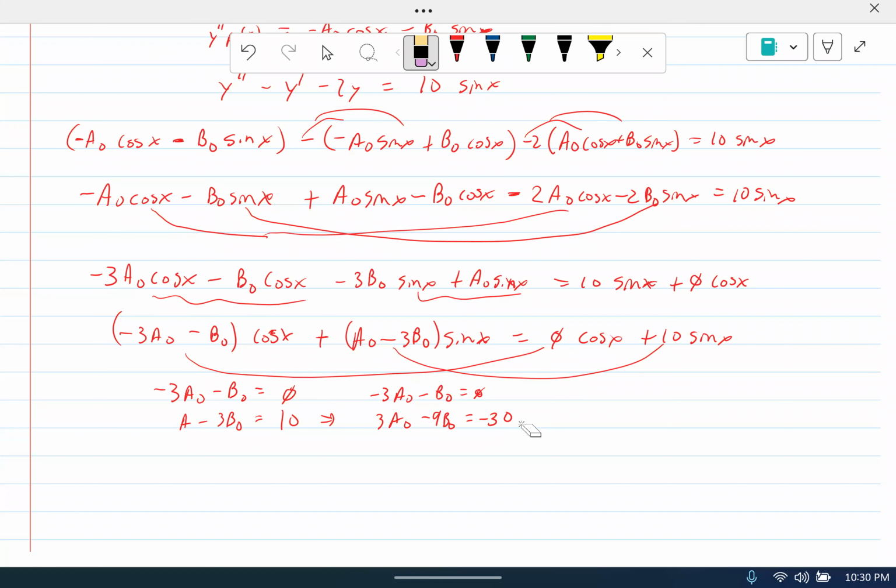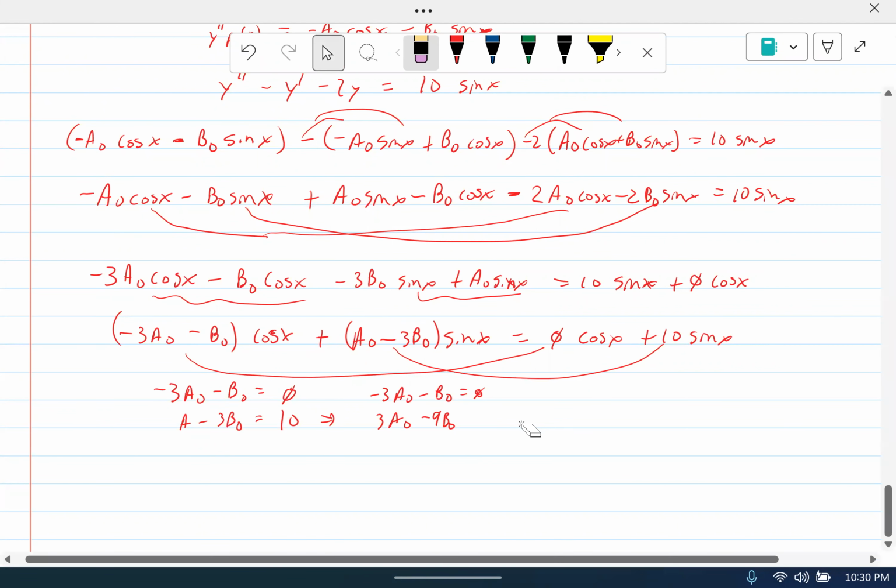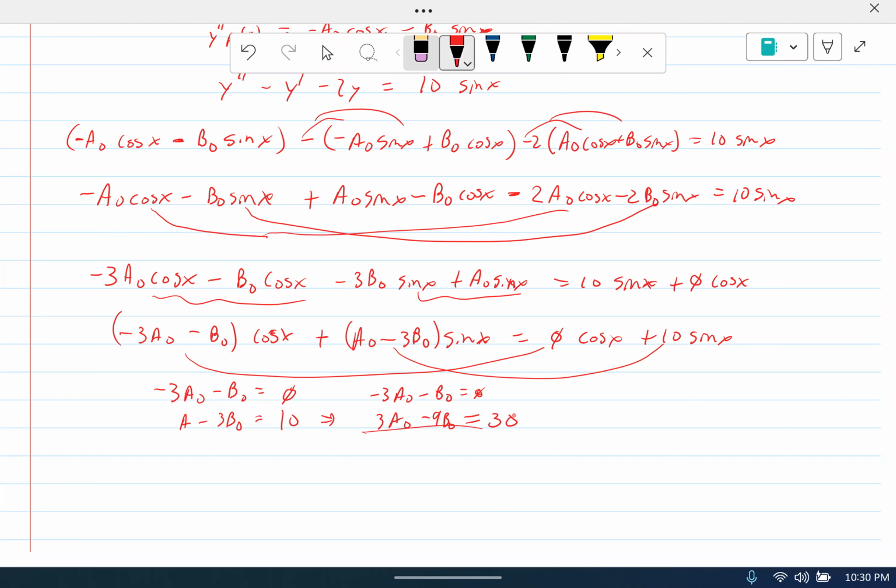Okay, now let's add these together. I get rid of the a naughts. I get negative 10 b naught is equal to 30. So divide by negative 10, and I get b naught is equal to negative 3.